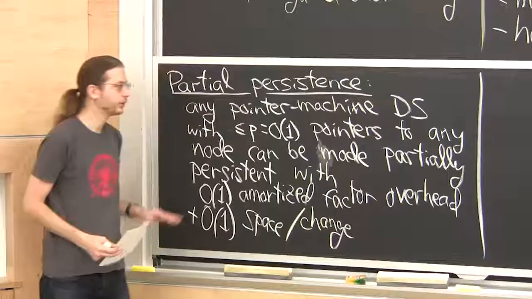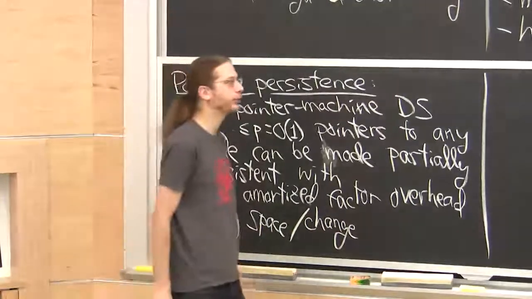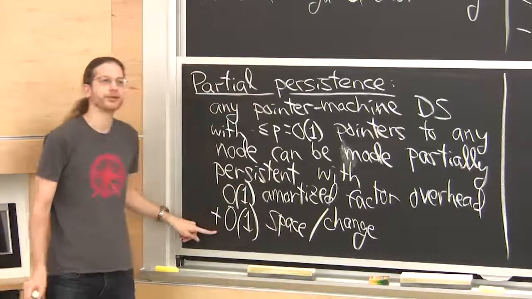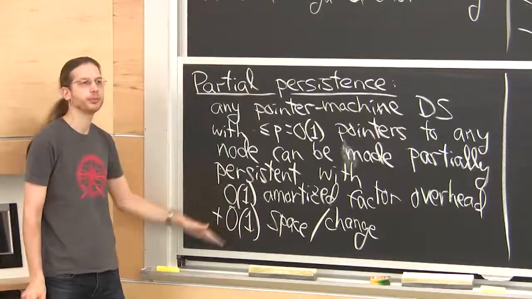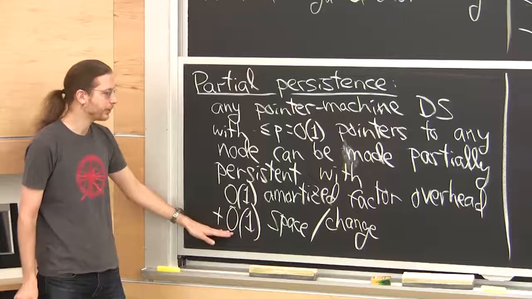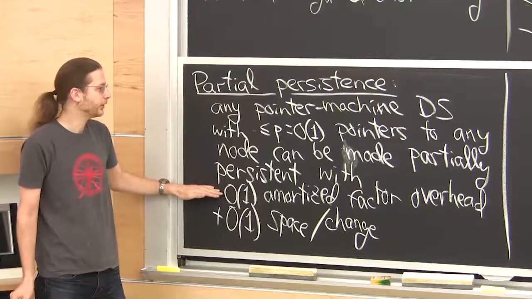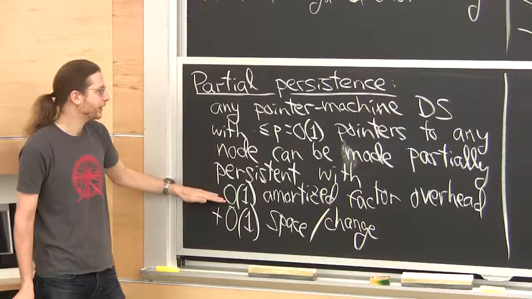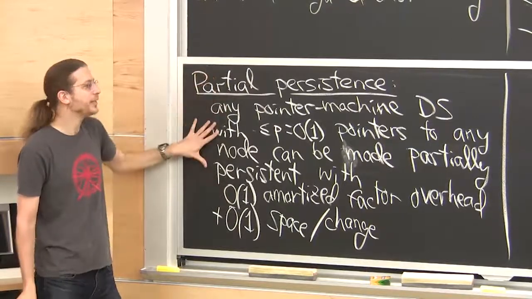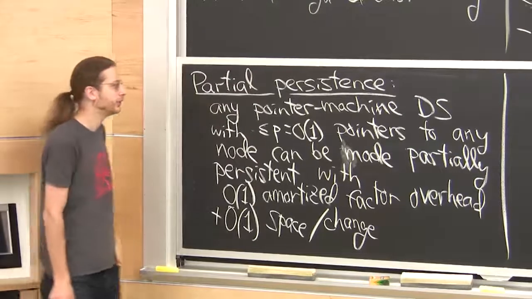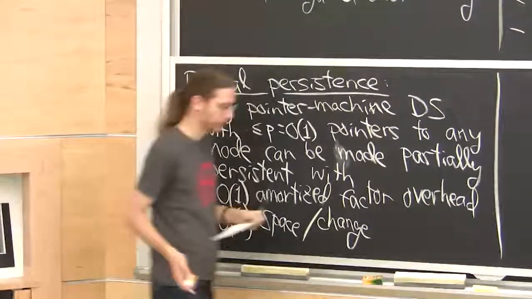So every time you do a modification in your pointer machine, you set one of the fields to something, you have to store that forever. So this is the best you could hope to do. Got to store everything that happened. Pay a constant factor overhead. We're theoreticians, that doesn't matter. Then any data structure in this world can be made partially persistent. So that's nice. Let's prove it.